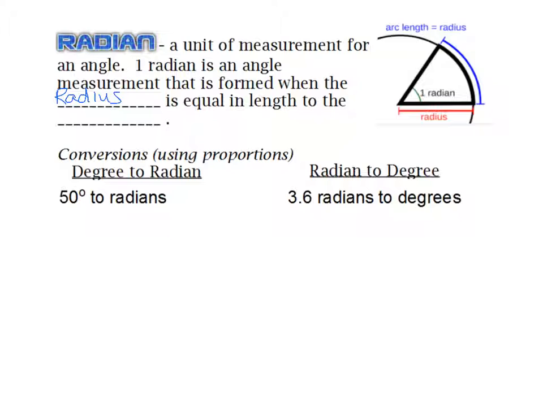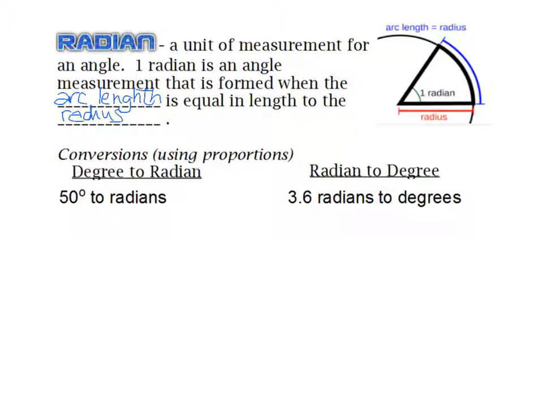Or really, I'd rather write that the other way, because the radius is sort of given, and then we start wrapping around, so it's when your arc length is equal in length to the radius. We took this measurement and wrapped it around the circle and it landed right there, and at that spot we created this angle, and this is considered 1 radian.